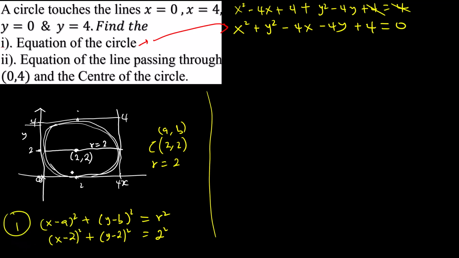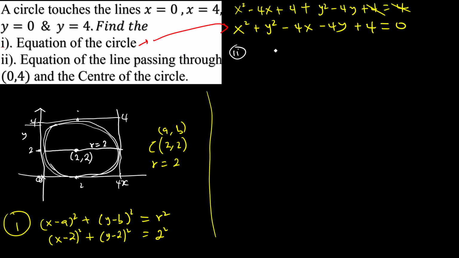Now let's go ahead and solve the second question, which says the equation of the line passing through. We have to find the equation of a line passing through the point (0, 4) and the center of the circle.